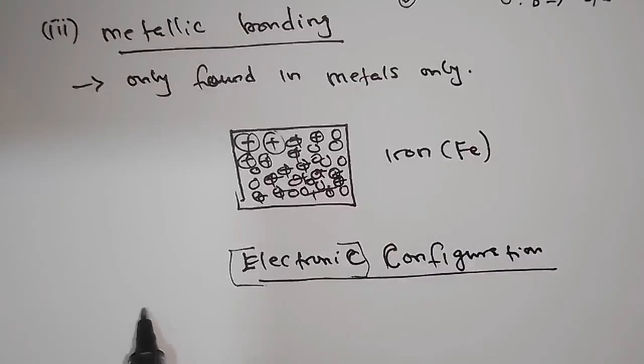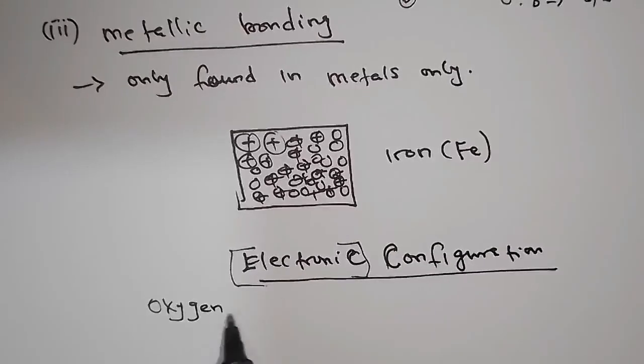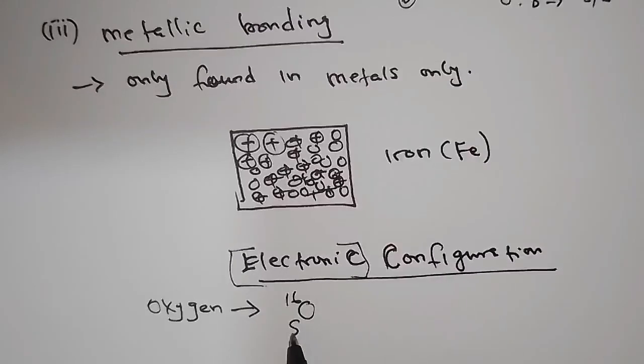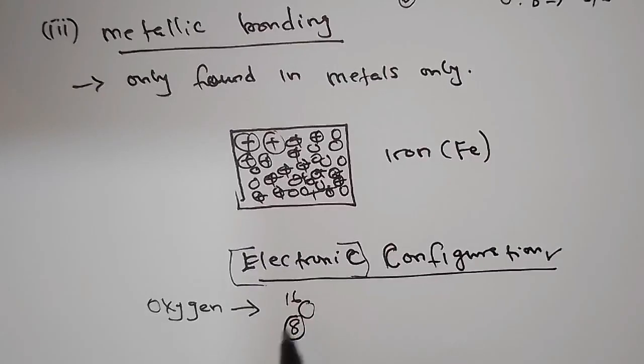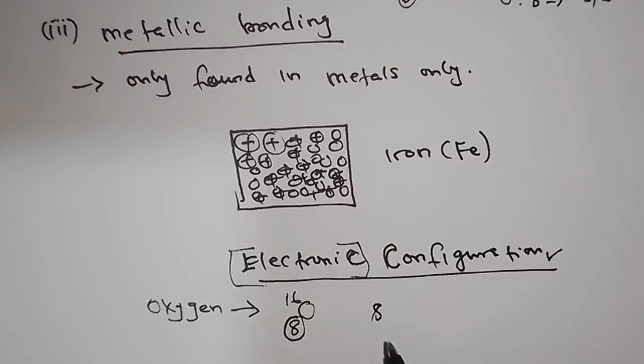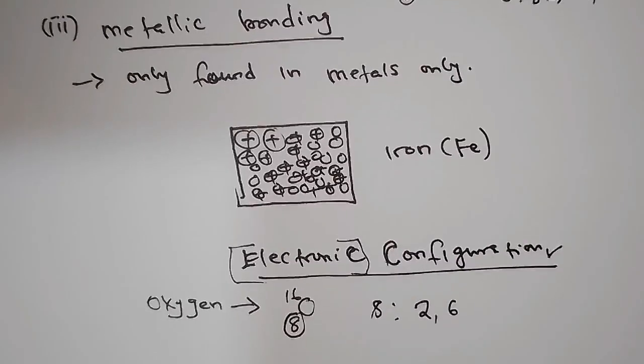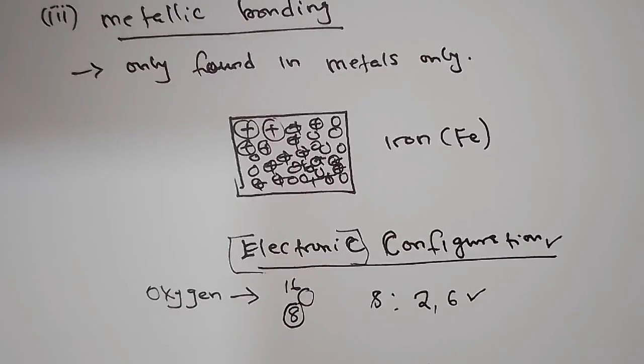For example, if I give you oxygen, which has a symbol of O, and on top there is 16, down there is 8. When it comes to electronic configuration, you consider the number at the bottom. So I'm going to partition this number 8. Whenever you're partitioning, you always start with 2, and then you remove the 2 from the 8, you remain with 6. So this is the configuration for oxygen.